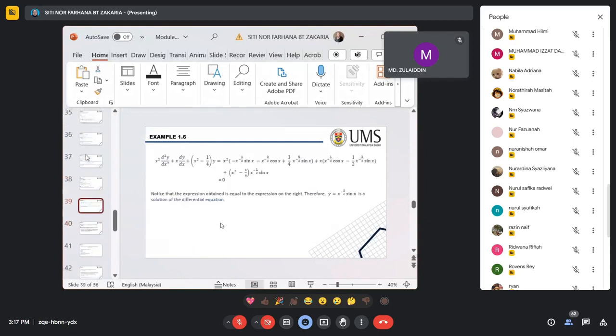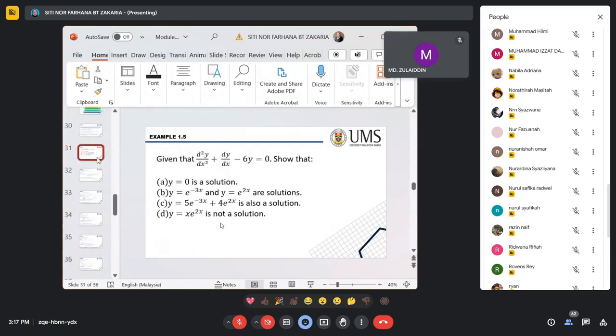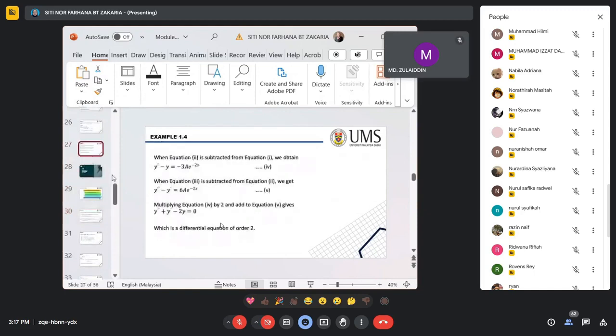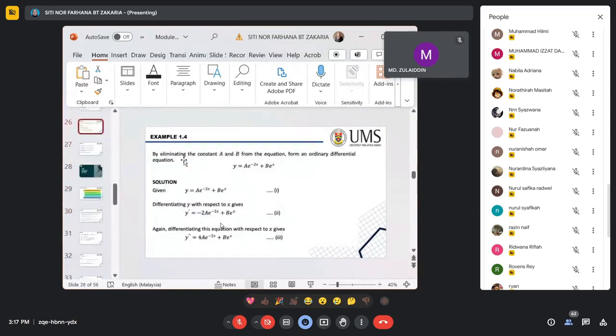For example, this one, y equals to a exponential negative 2x plus b exponential x. Dia ada arbitrary constant a and b. Dia tak ada value, only a and b. So we call this one as general solution.